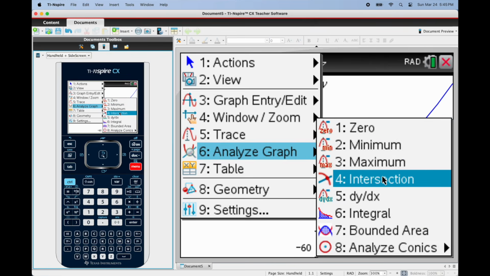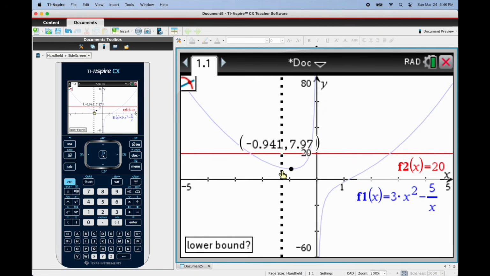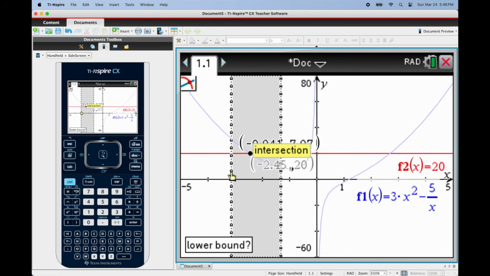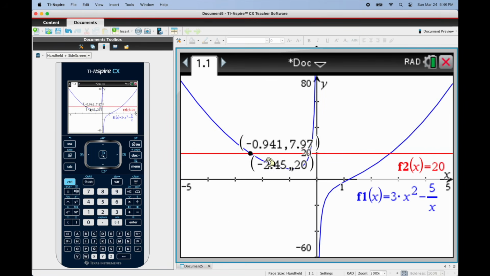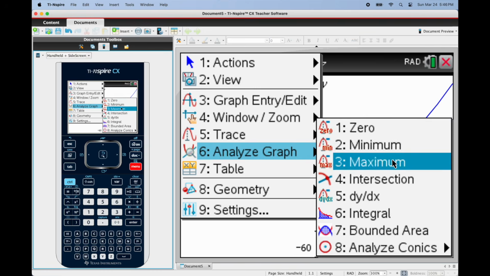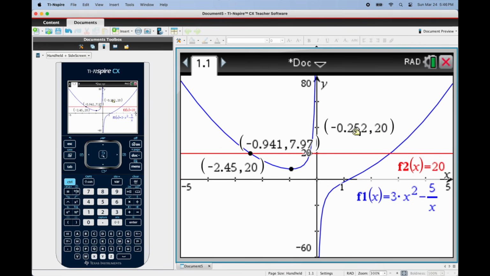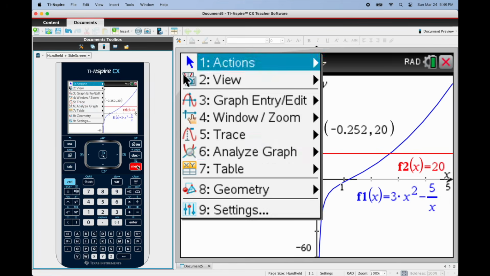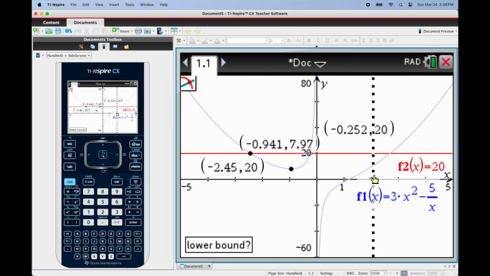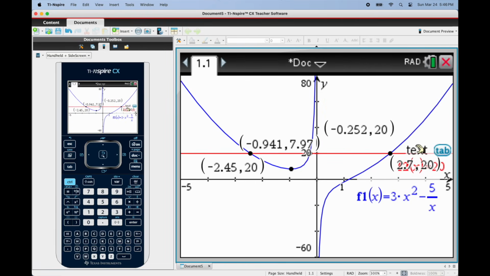So let's find it. So first one is going to be -2.45. So the next one, analyze graph intersection, is another one here, -0.941, and one more intersection point over here, which is equal to 2.7.